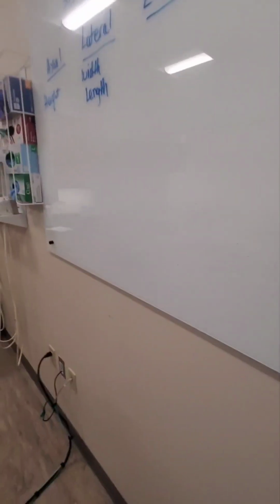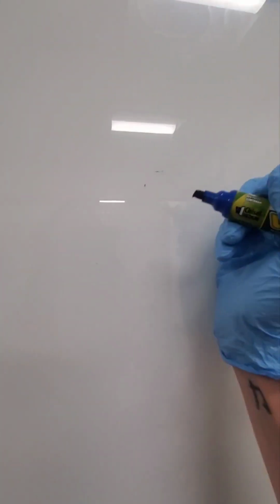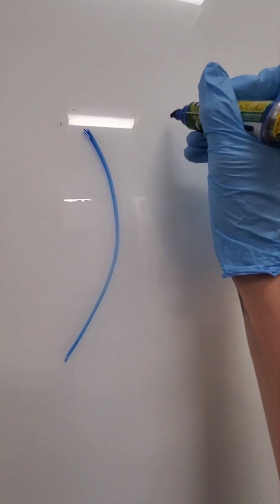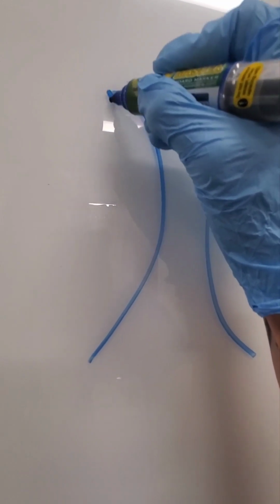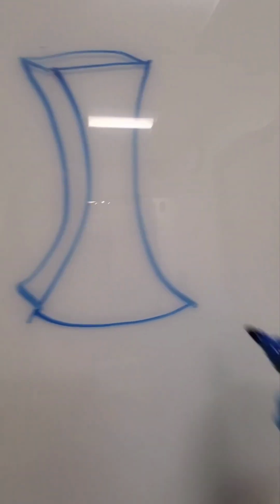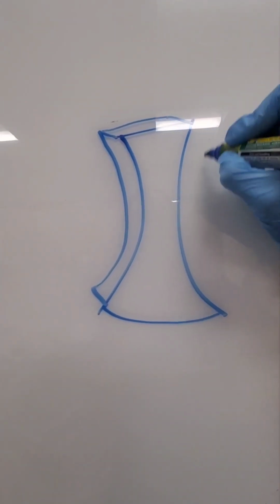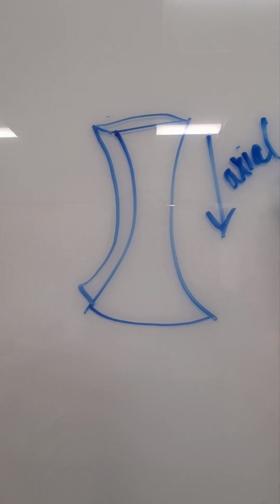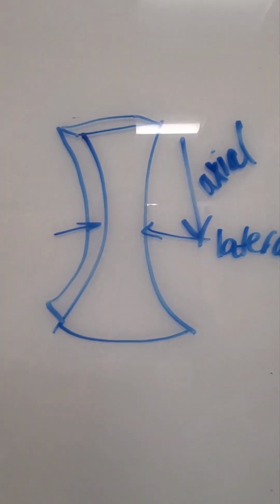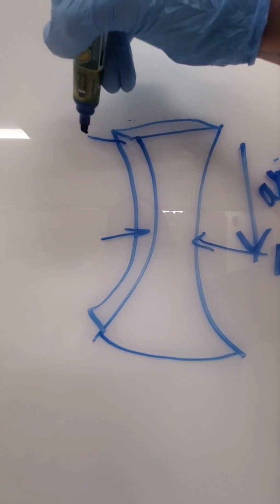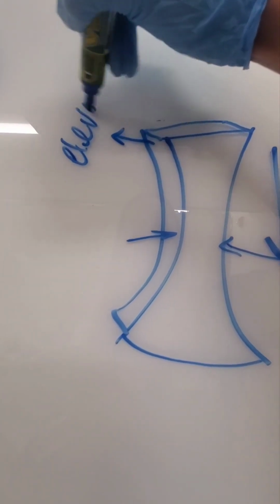Our sound beams exist in 3 planes. Okay, we have our axial resolution, we have our lateral resolution, and then here we have that slice thickness, or elevational resolution.